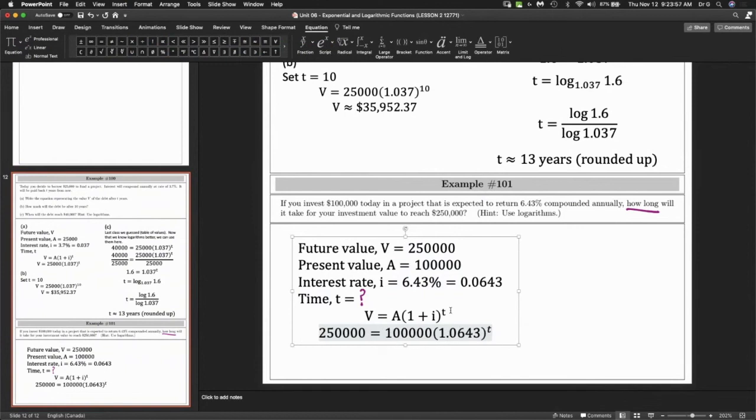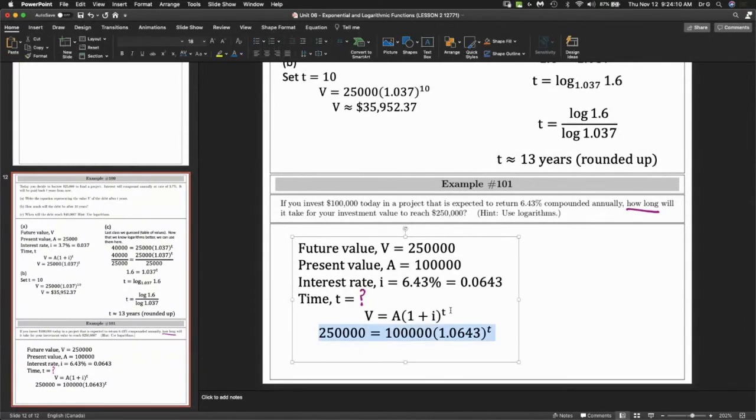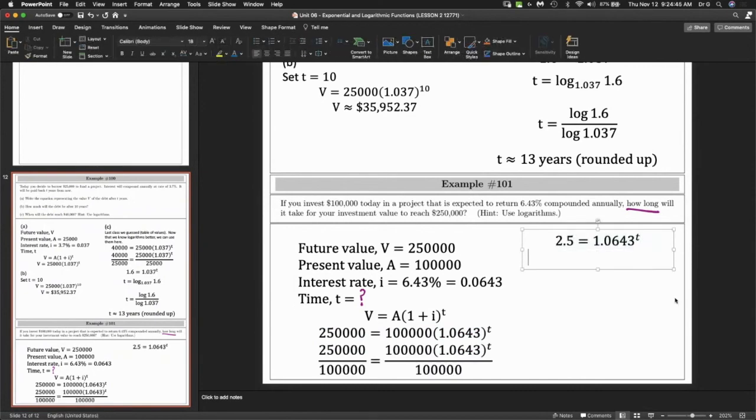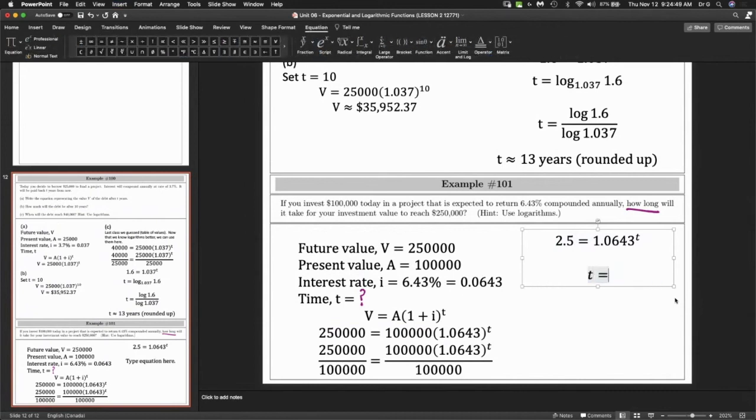And now, what do we do next? Yep. And then we could either guess the answer or we could use logarithms here. So I'll use logarithms. That'd be log base 1.0643 of 2.5.